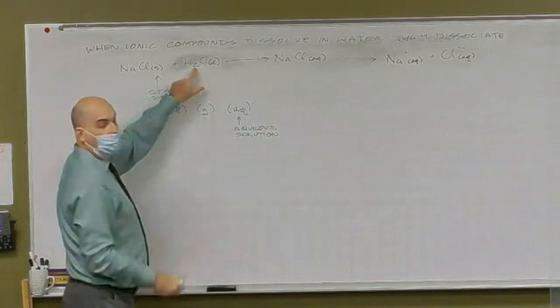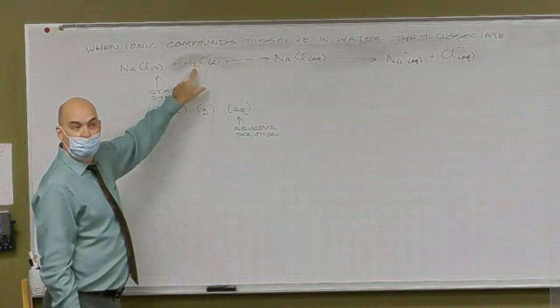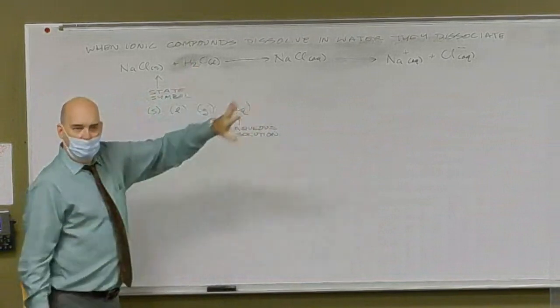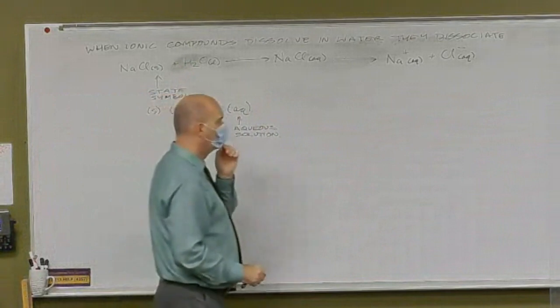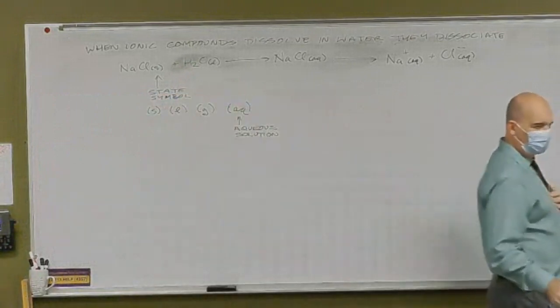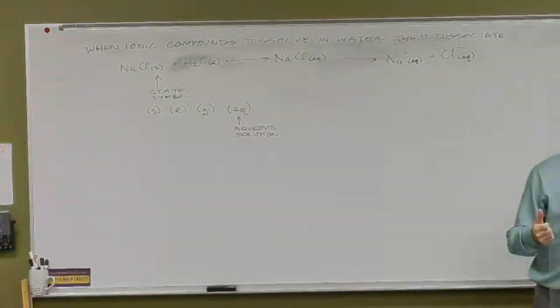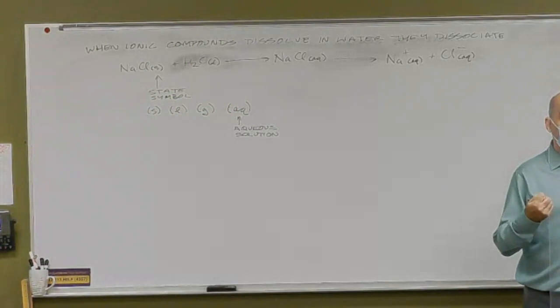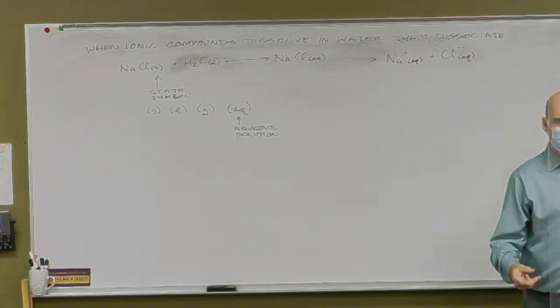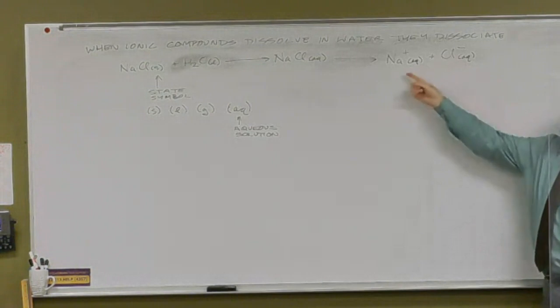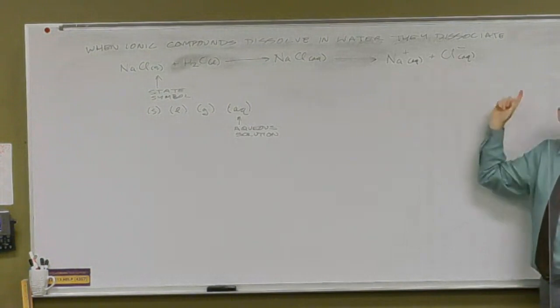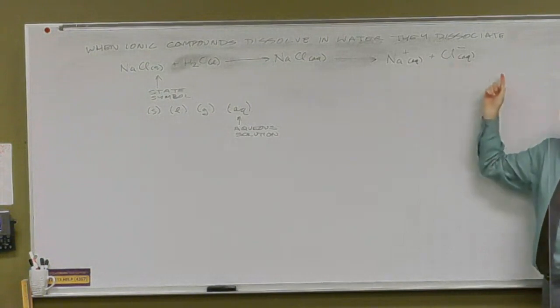The solvent, which in our case is water, aids them splitting apart. We talked about this a little bit last week because we knew that pure water does not conduct electricity, but salt water does. So how's that happening? Well, the separation of charge facilitates the conduction of electricity.